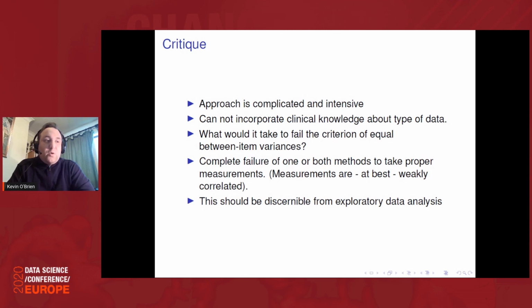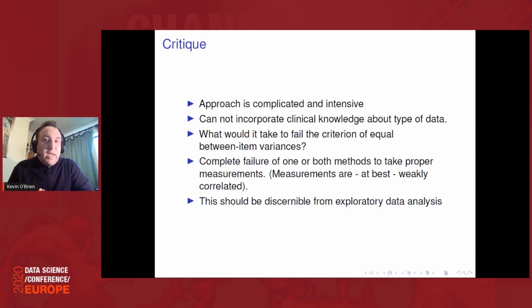But it also raises the question, what would it take to fail the criterion of equal between item variances? That's an important question to ask about this procedure. How do you fail this criterion? Essentially, that would require a complete failure of one or both methods to take proper measurements.